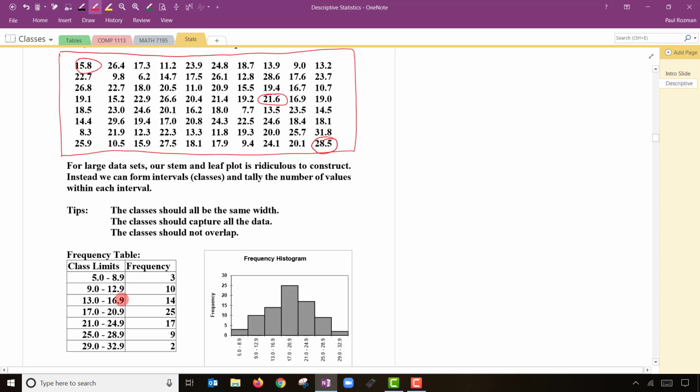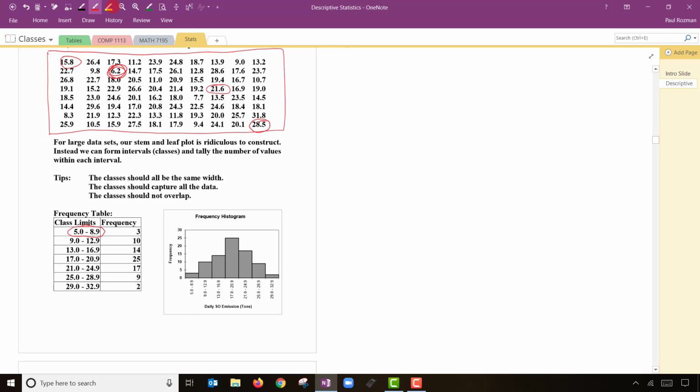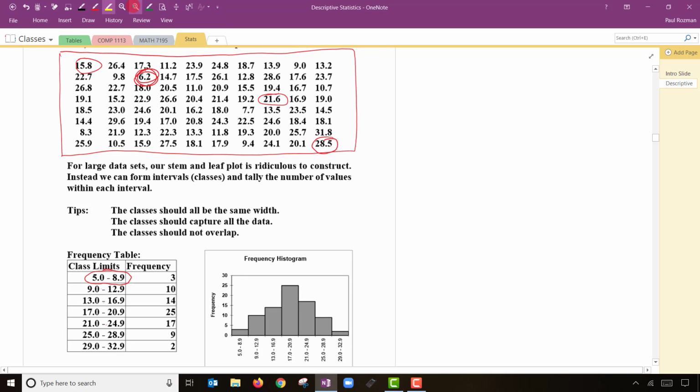To create this frequency table, I basically scan through the list and count how many of them are between 5 and 8.9. So I look through the list and go, oh geez, here's one. There's one, and I should have looked at this ahead of time. 7.7 is one, and oh geez, there's the third one.